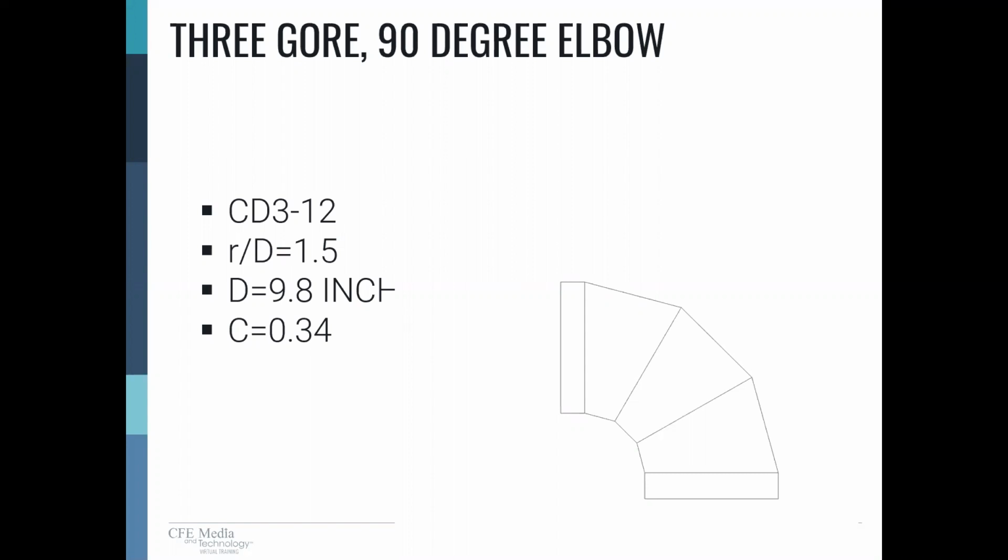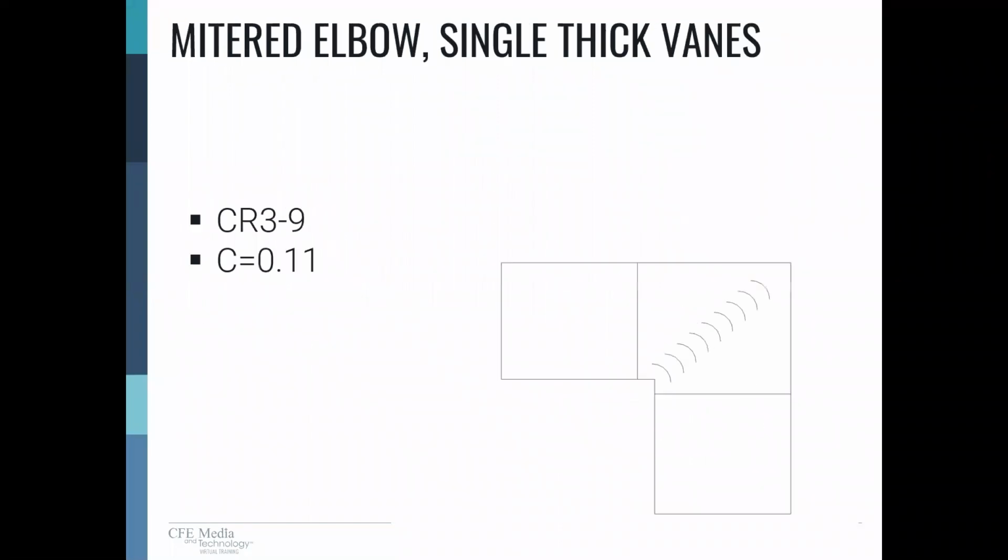It uses the same R to D ratio. It uses the same diameter of 9.8. And the C value, the coefficient of loss, is 0.34. So the losses there are over 3 times the losses of the die stamped elbow.